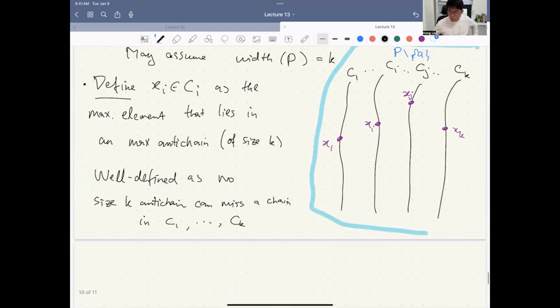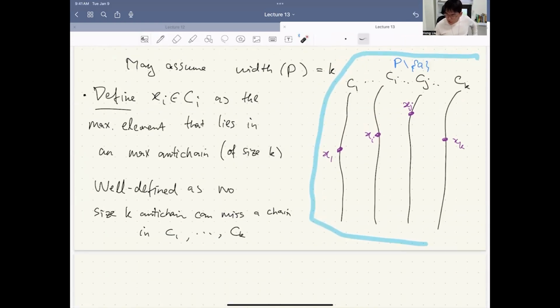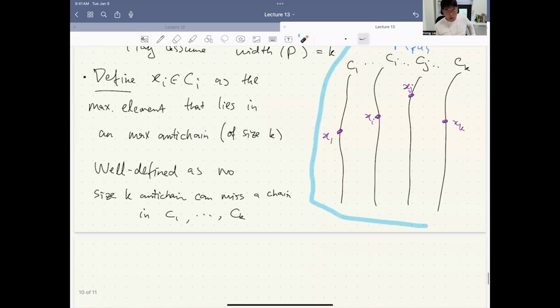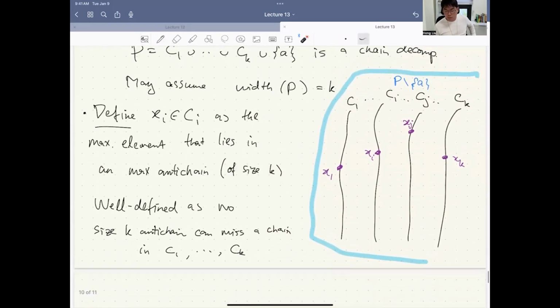This is trivial. Every anti-chain of size K cannot take two elements from some chain. So if you completely miss a chain, you have size at most K minus 1. So this Xi is well defined. And this special maximum anti-chain we're going to look at is X1 to Xk. So the next claim is that X1 to Xk form an anti-chain.